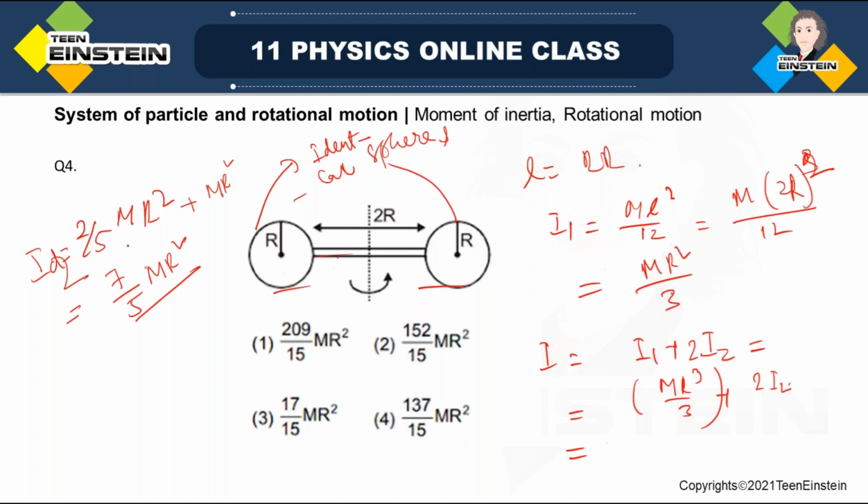I2 is here 2 by 5 m r square plus m r square, so this is 7 by 5 m r square. m r square by 3 plus 2 into 7 by 5 into m r square. Okay, if we do this LCM, 5 and 3.